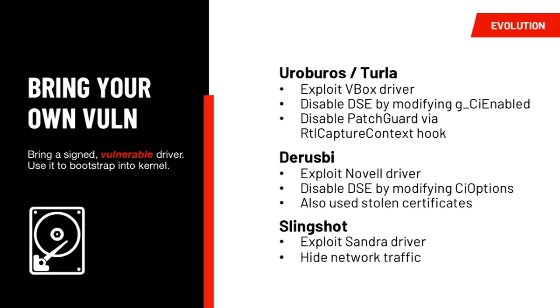One of the really common themes among APT level kernel malware has been to install a legitimate, signed, but vulnerable driver on the box and then exploit that in order to gain kernel code execution, thereby sidestepping driver signature enforcement. Another notable technique is to steal a digital certificate from a legitimate company and then just sign your malware with that, which gets you loaded and also makes you look a lot more legitimate on the endpoint.